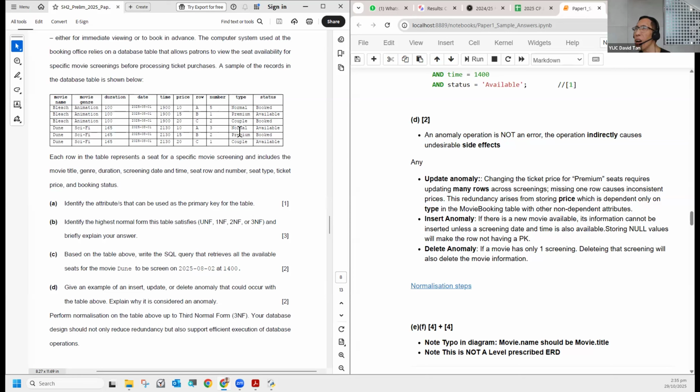You design a table and the table has so many problems, and then the integrity of this data becomes questionable. How reliable is this data? So my question is, what's the underlying reason why this table has so many anomalies? Does anyone want to give a try? No right or wrong answer, just speak your mind.